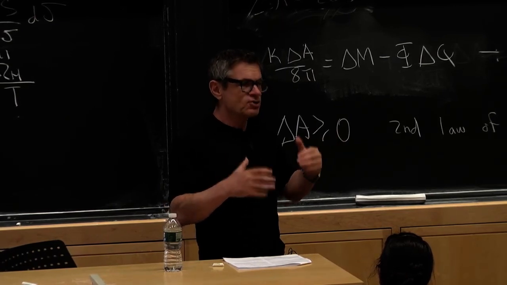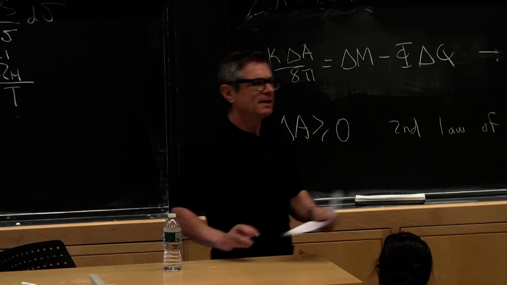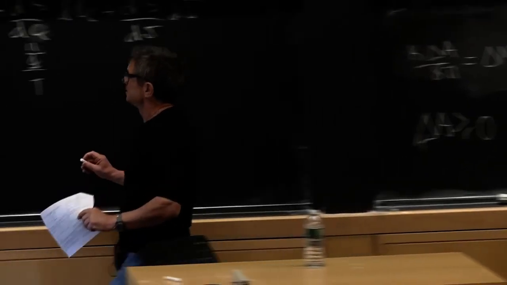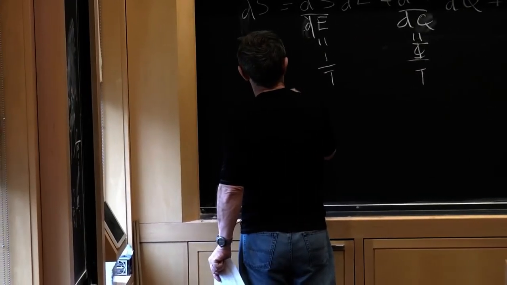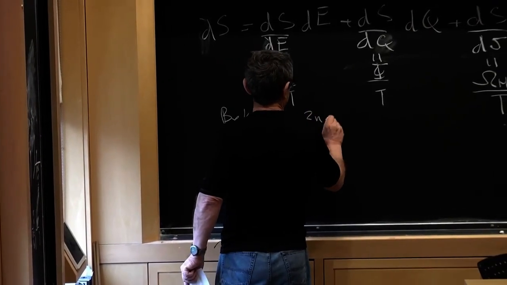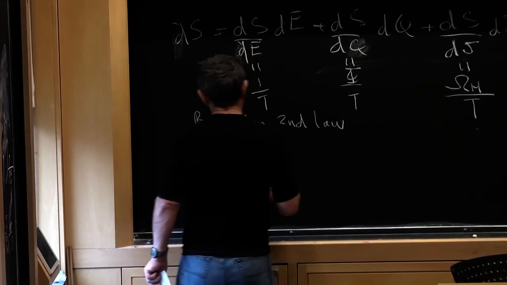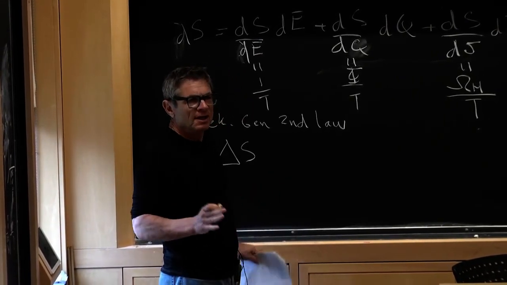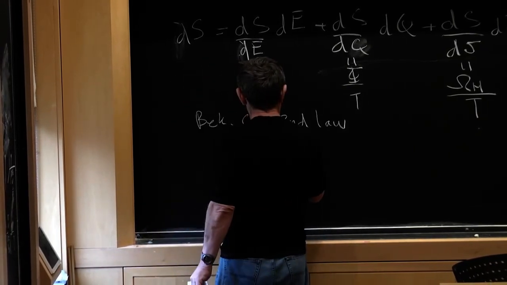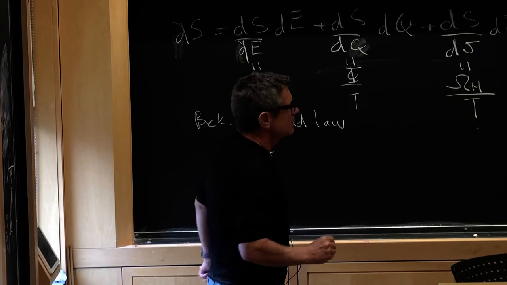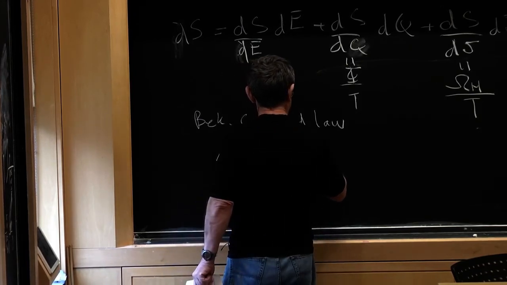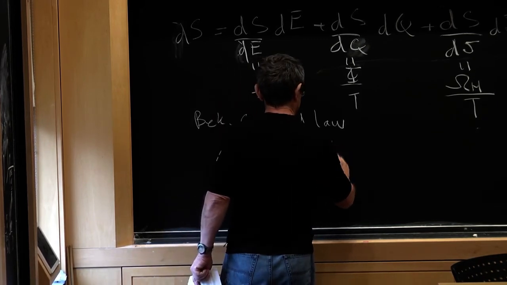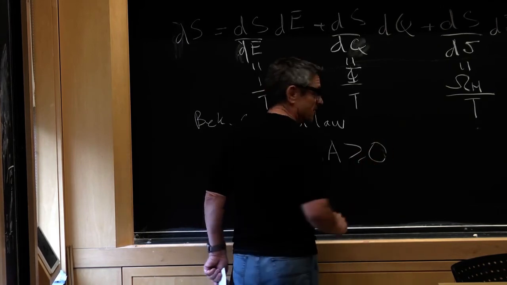And he proposed a generalized second law, which is that delta S, the ordinary entropy in matter and coffee cups or whatever, plus some constant alpha times the change in the areas of all the black holes in the universe, should be greater than or equal to 0.